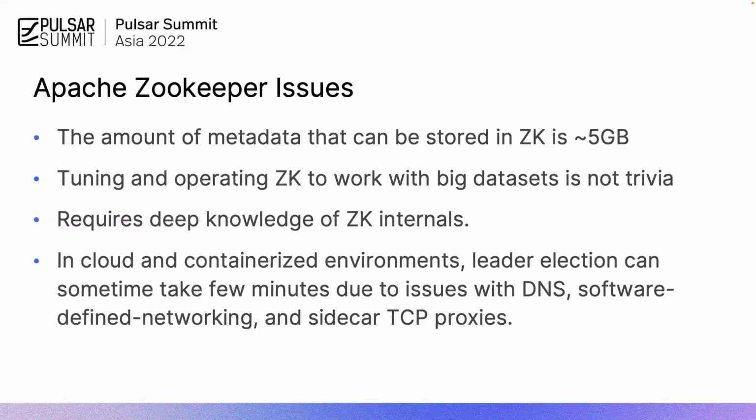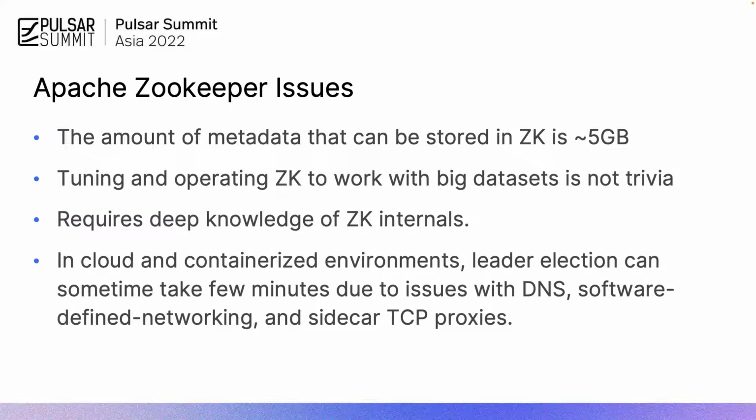As a result of some of these limitations, of those design flaws, there are some limitations that ZooKeeper has as it pertains to Pulsar. So roughly the amount of metadata that can be reasonably stored and kept in ZooKeeper is approximately 5 gigabytes. Another problem with ZooKeeper is it is a complex system that is difficult to maintain and tune.